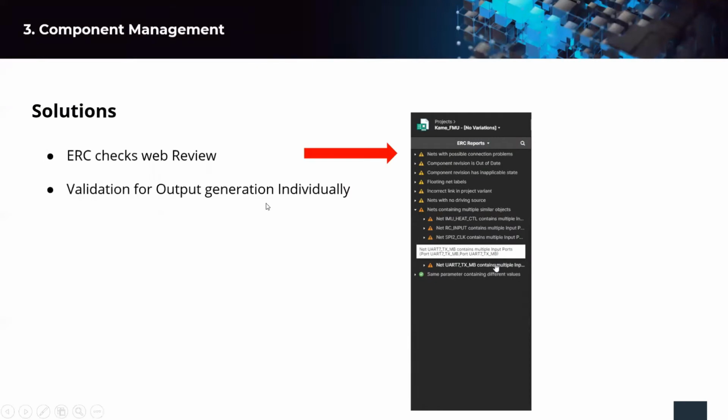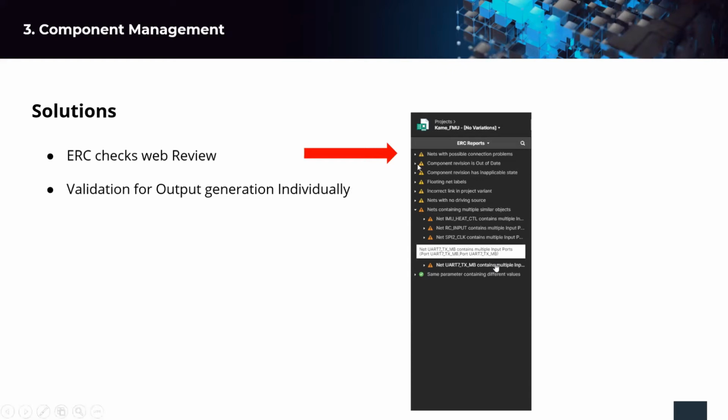What are the solutions we are going to see under this component management? First, we have the option of ERC check, electrical rule checking, in our web browser itself. When you share the file to your members, they can open the file and see whether the component revision is out of date, or whether there are any floating net labels.